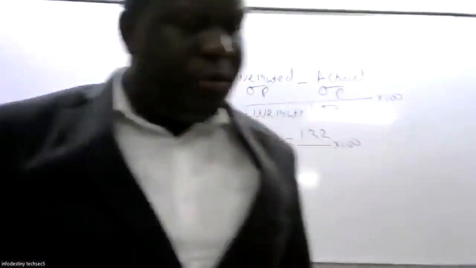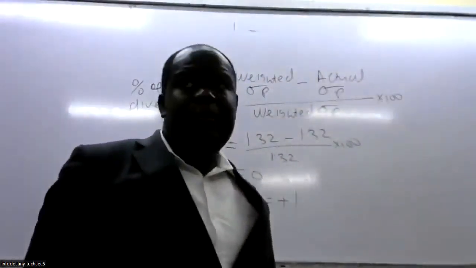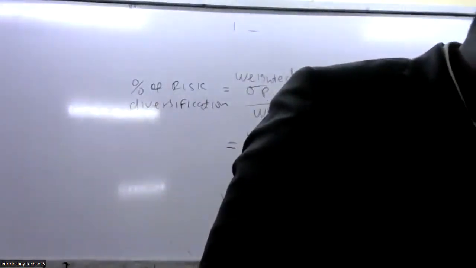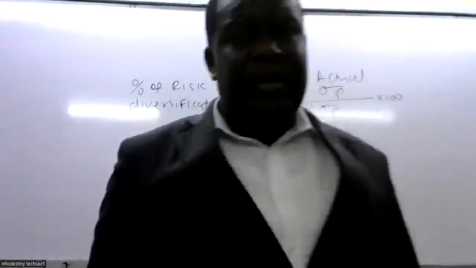So that is your Roman letter 4 in the question. When you got the Roman letter 4, they wanted you to calculate the reduction in the risk due to the portfolio diversification.